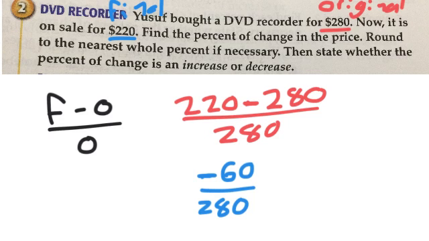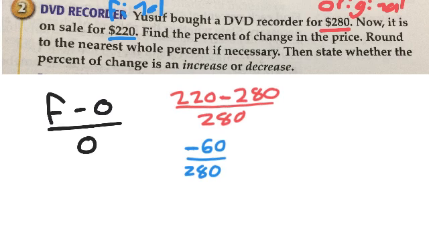And now we'll put this in our calculator. Negative 60 divided by 280. When I put that in, I get a decimal number that is 0.2143.